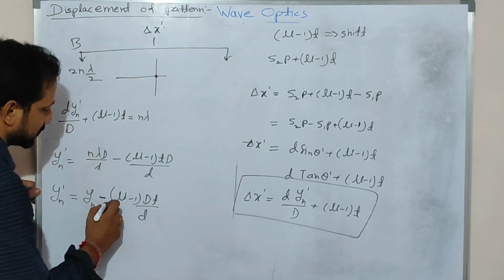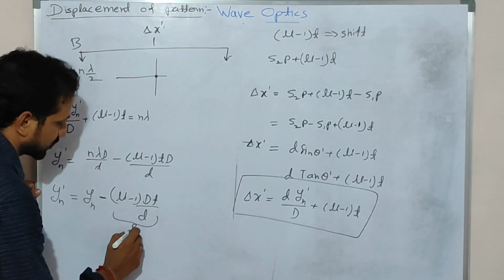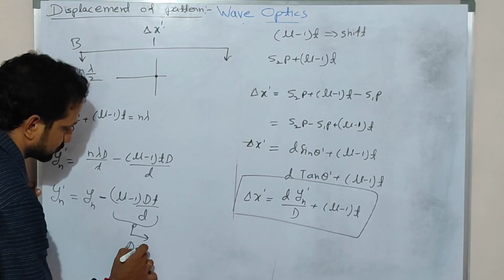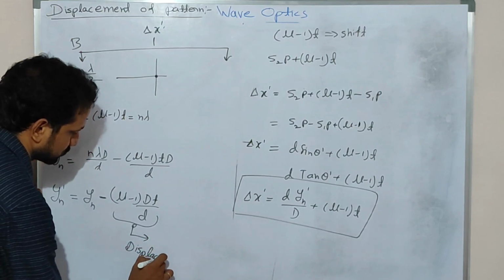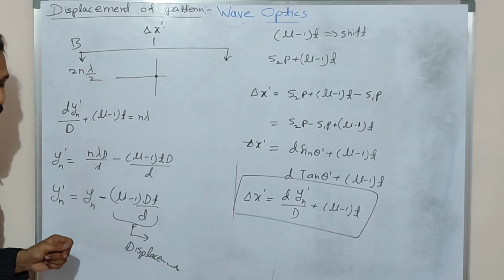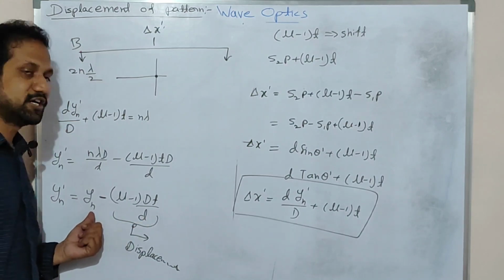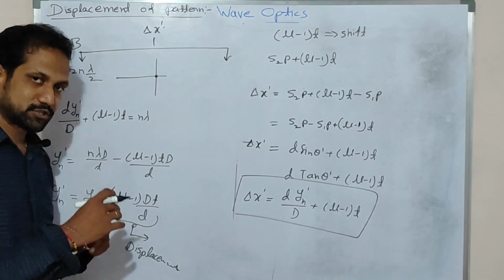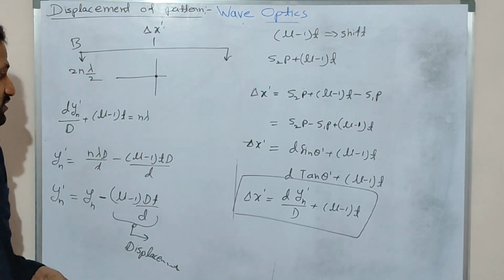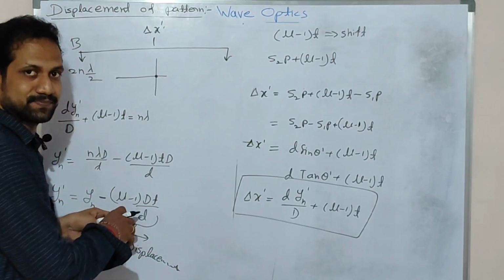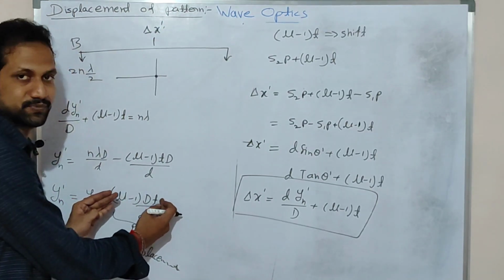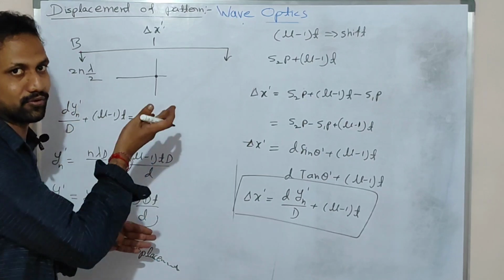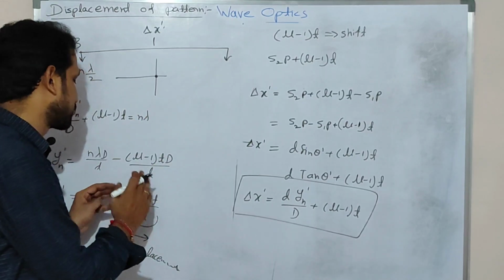But we can conclude it as a displacement. Displacement means not only the central bright fringe shifts; the first bright fringe, second bright fringe, third bright fringe, every fringe will be shifted by these many meters, either downward or upward. Let me tell you the shortcut here itself.